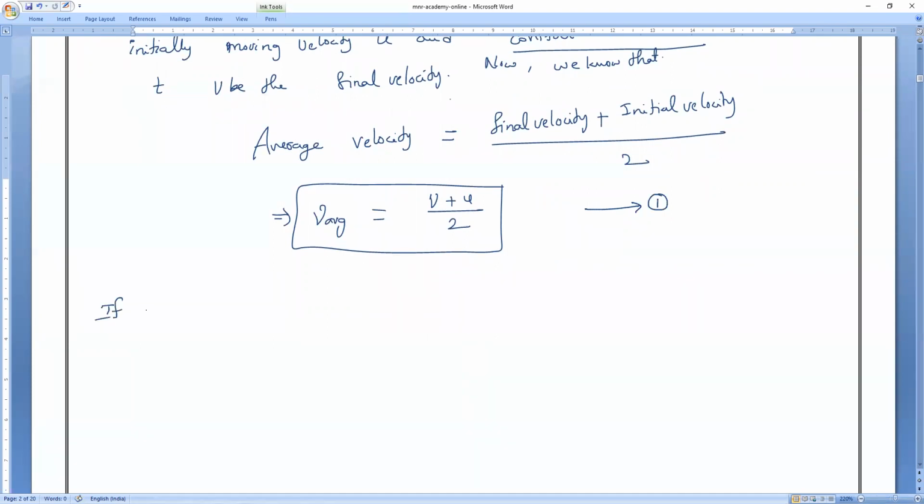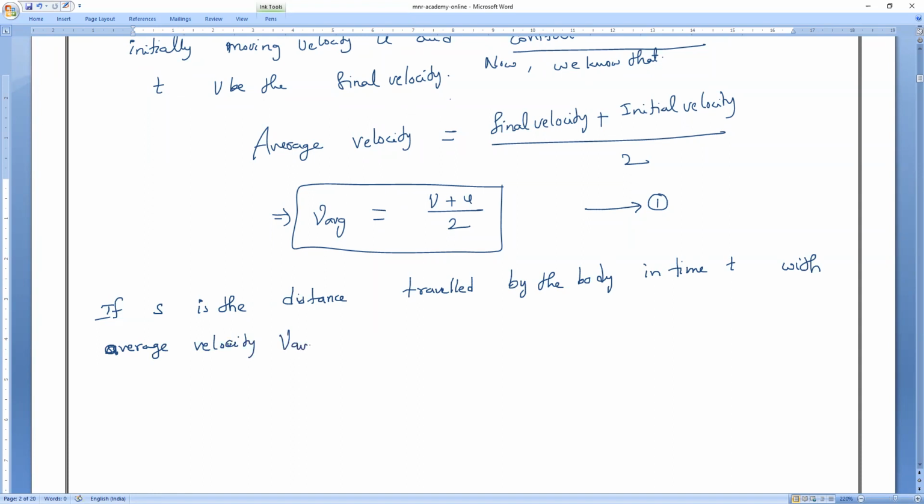Now let me write: if S is the distance traveled by the body in time t with average velocity V average, then what is V average equal to?